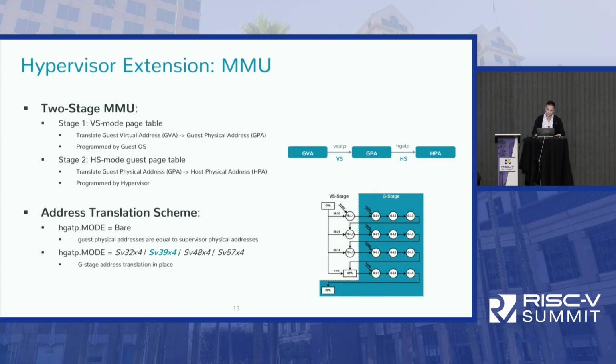And also related to the MMU subsystem, there are different options for the translation scheme. You have the bare option, where the guest physical addresses are equal to the physical addresses. But when we have the G-stage translation in place, there are different configurations or options for the virtual space. I have here in blue the Sv39x4, because it's related to this image.